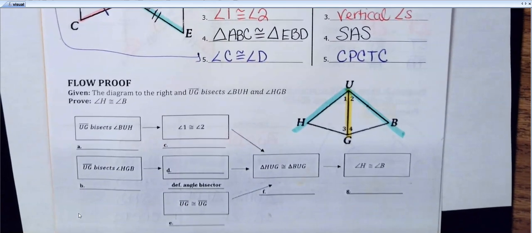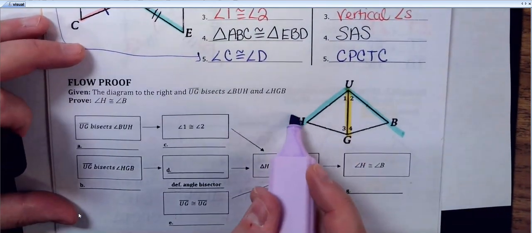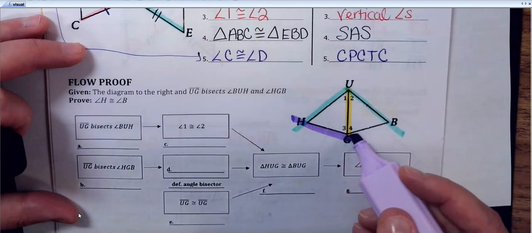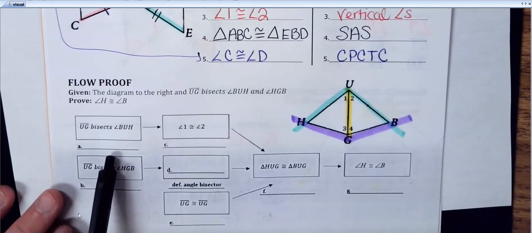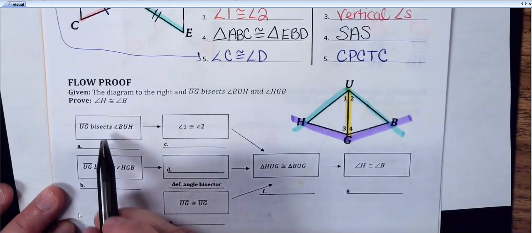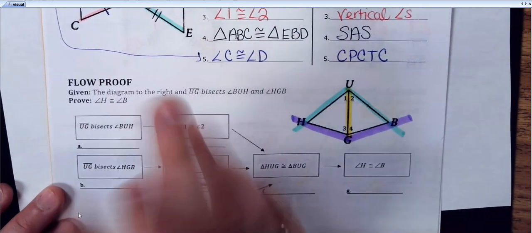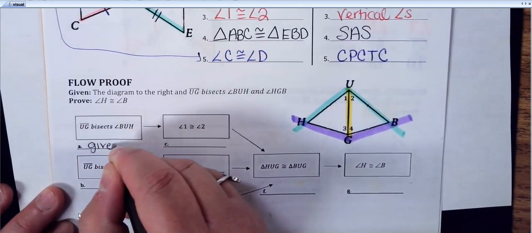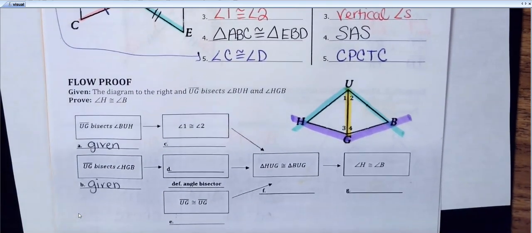And it's also going to bisect this other angle here, which is HGB. I put some numbers in the diagram just to save us a little time. But literally all they're doing when they start this out is copying that these 2 angles are being bisected. So these first 2 steps are just literally copying the given information.